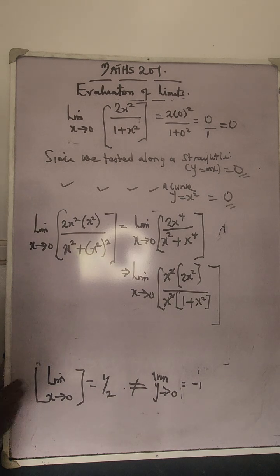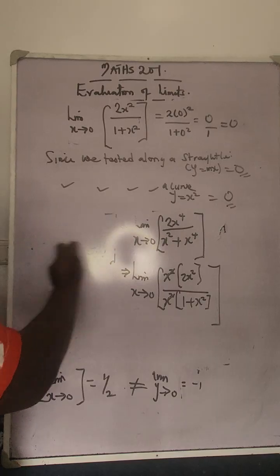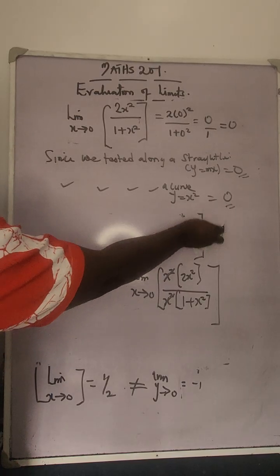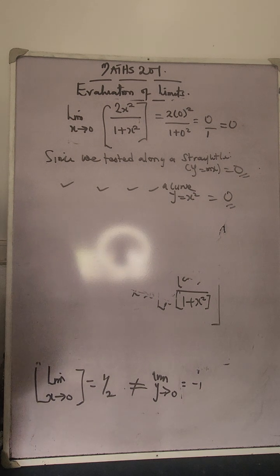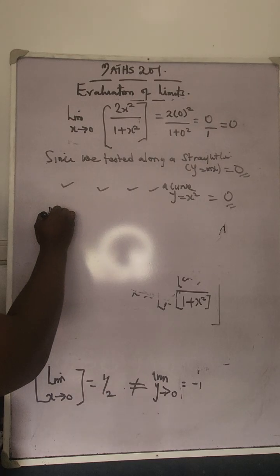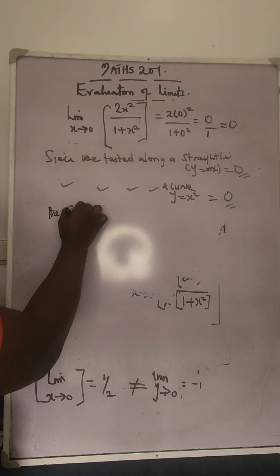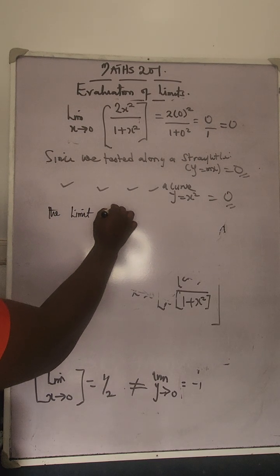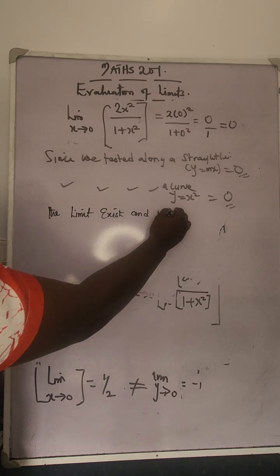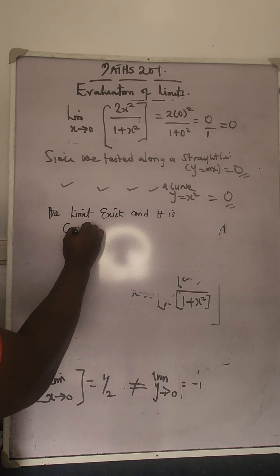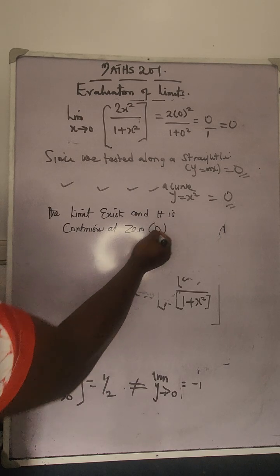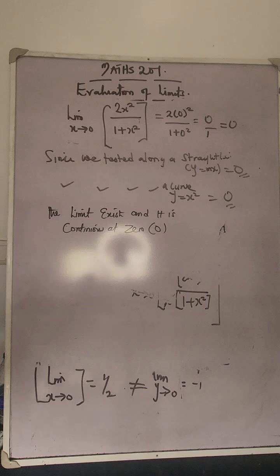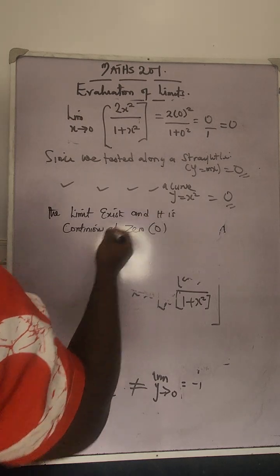Let's write that out. The limit exists, and it is continuous at 0, and it's equal to 0.